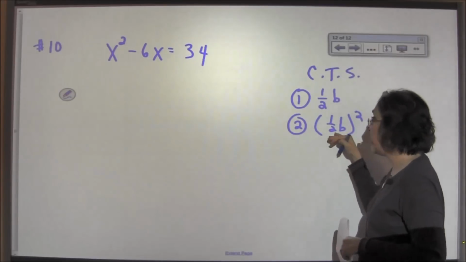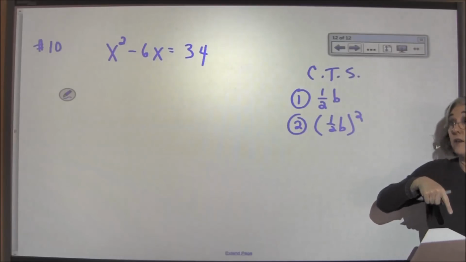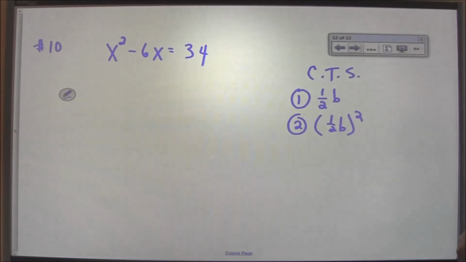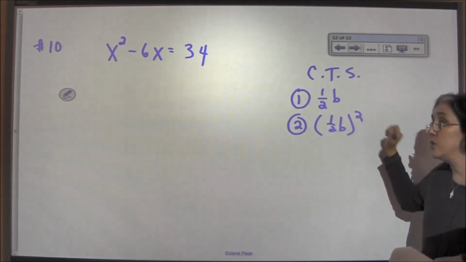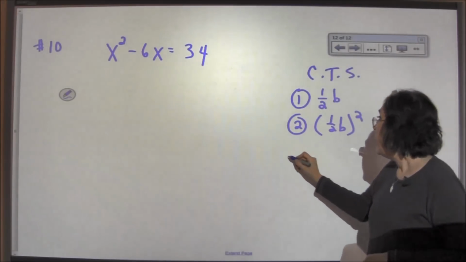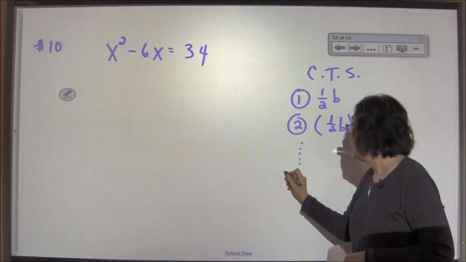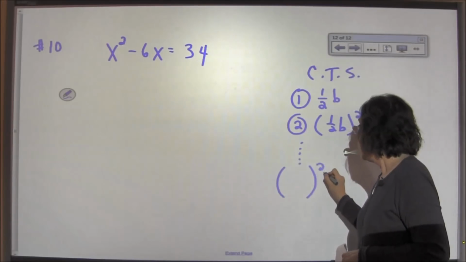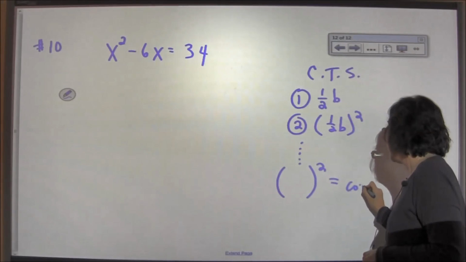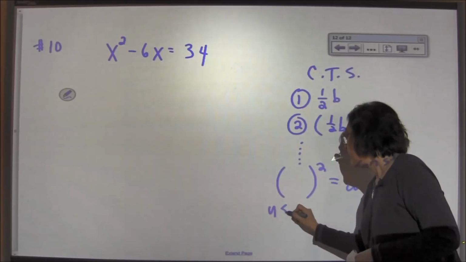So this is what you're answering for me there, when I said what completes the square for x squared plus bx, it'd be half of b squared. So you find that number. But then what you're trying to do is get a quantity equals a constant and use the square root method.